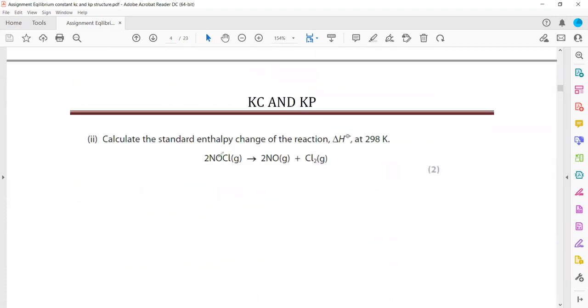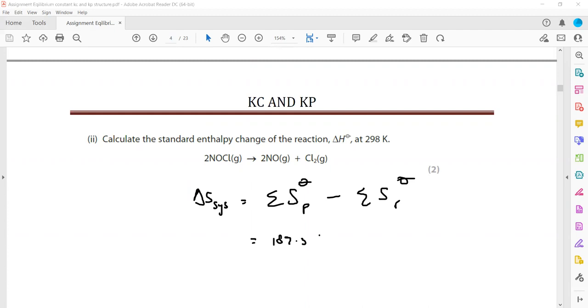So the entropy change of the system is the total entropy of the products minus the total entropy of the reactants. The table is given in the beginning, so that is 189.3 plus 2 into 231.2 minus 2 into 305.5. Because these 2 moles are there in the reactant.